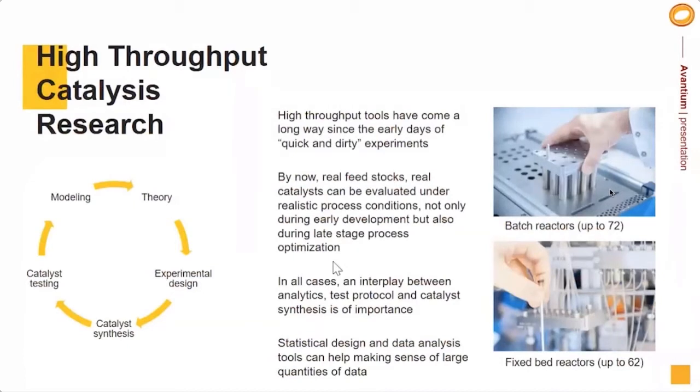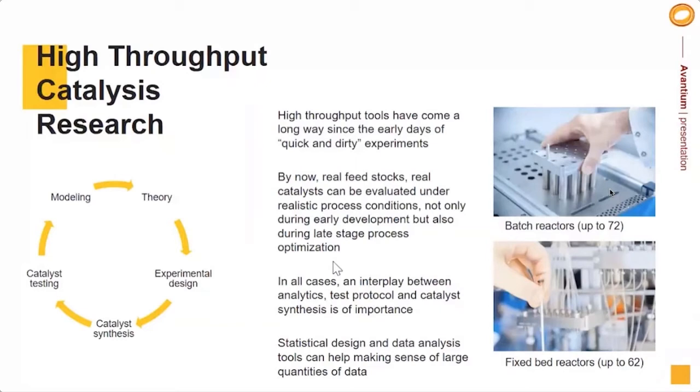So first, one slide about what high throughput catalysis research is and where we are today. Sometimes people think of high throughput research as just a quick and dirty way to see if it works or if it doesn't work. Well, maybe that used to be high throughput research a long time ago, but today that is certainly not the case.